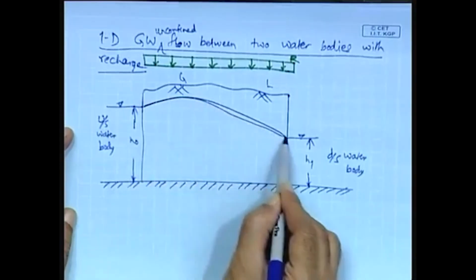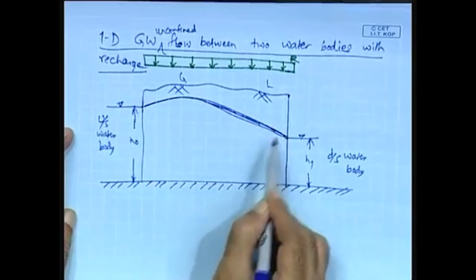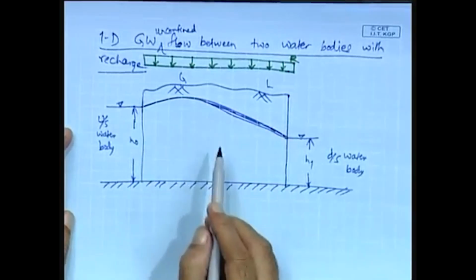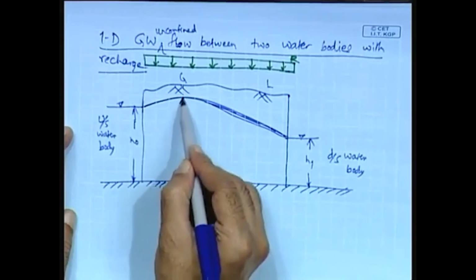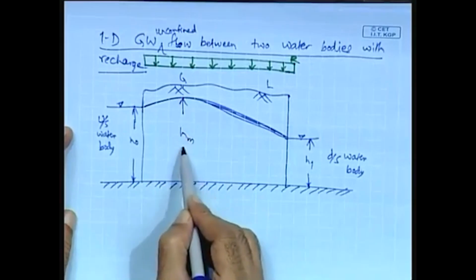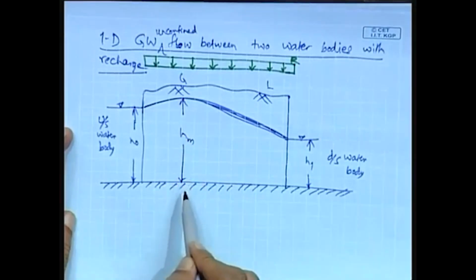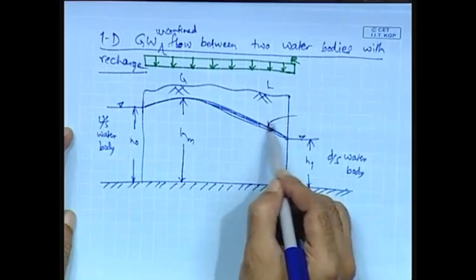There will be a peak somewhere in between, wherein the H is HM or the H max, and this is the water table.